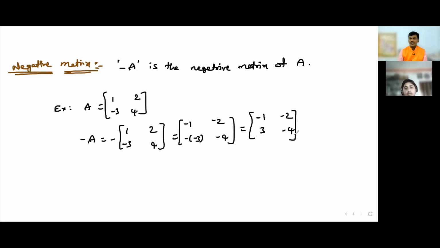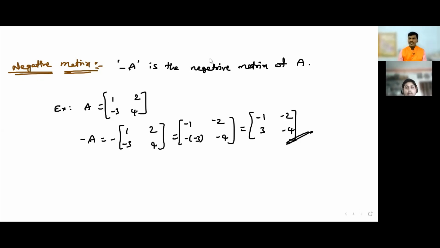This is the required negative matrix of A, or we can also say this is the additive inverse.